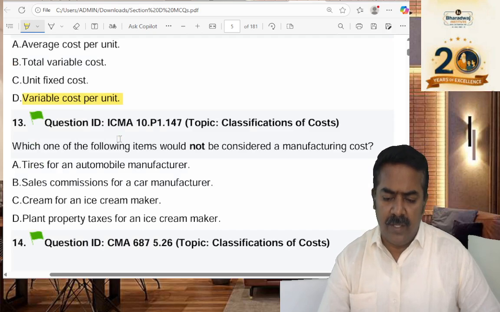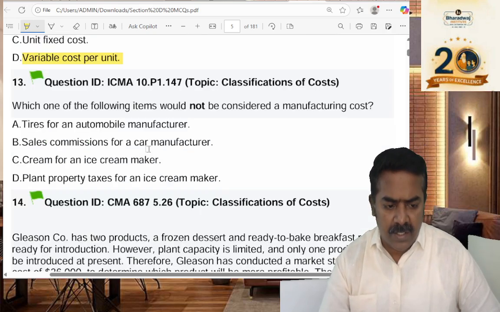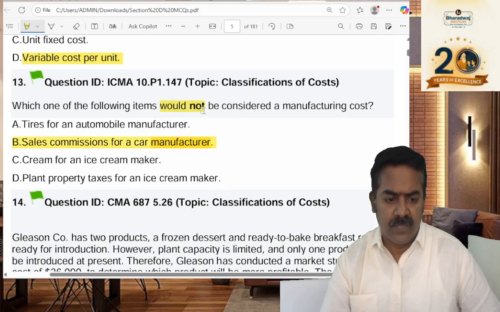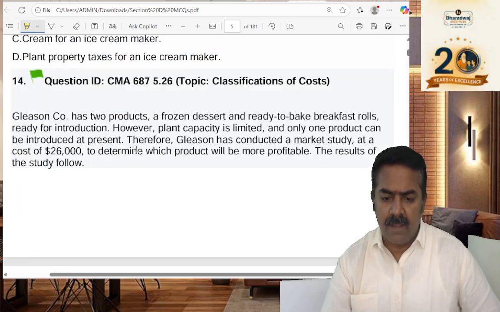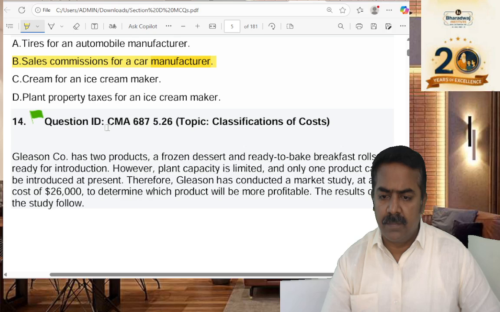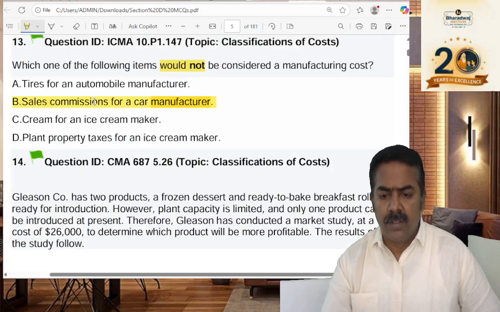Which one of the following would not be considered as manufacturing cost? Sales commission. Plant property tax is part of which one?